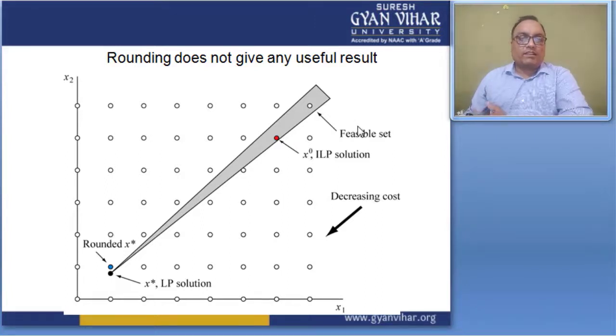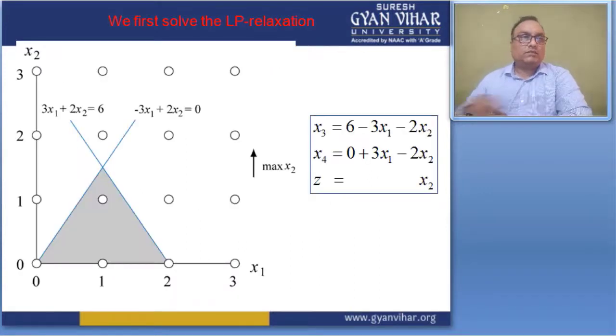We first solve the linear programming relaxation problem. In this case, two constraints are given: x3 equal to 6 minus 3x1 minus 2x2 and x4 equal to 0 plus 3x1 minus 2x2, and another one is z equal to x2. So only two variables are given, x1 and x2.